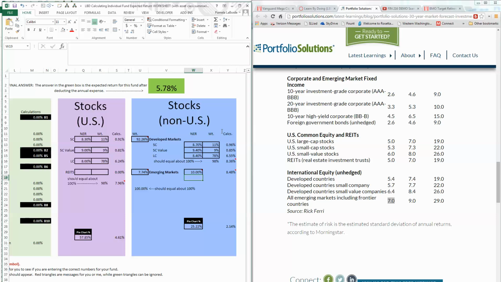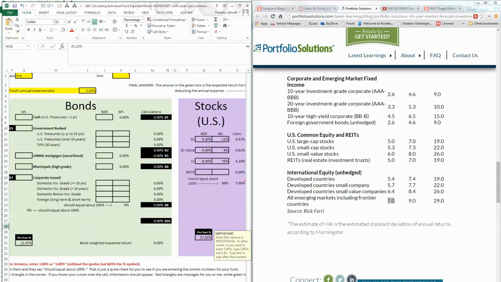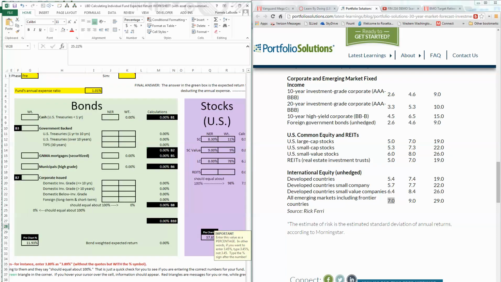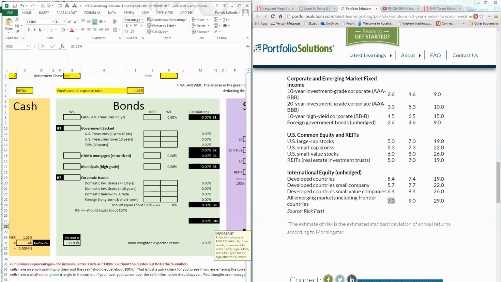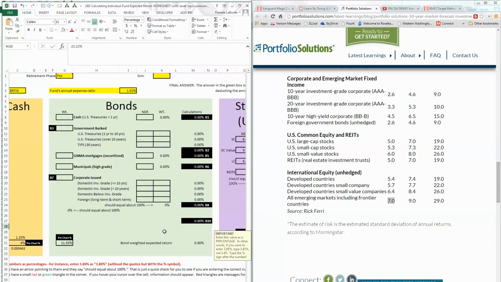So you can see it's starting to fill in. It's doing a weighted return with this group of cells, and another weighted return down here. The same for the purple section. Now we need to complete the green section on bonds.